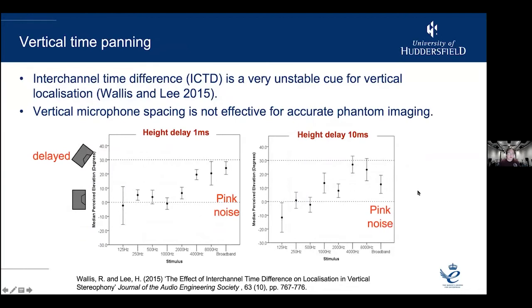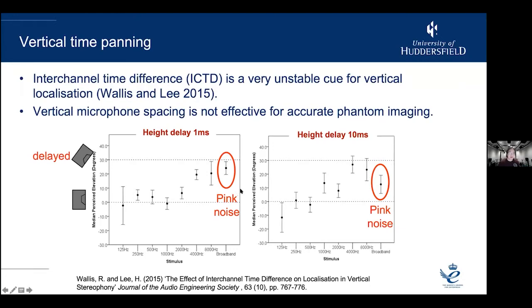And I've done lots of experiments on stereophonic localization and how this pitch height effect works in 3D loudspeaker playback conditions. And I found that interchannel time difference, time delay applied to the height speaker, doesn't actually give you any convincing localization cue. So for example, in this example, we have broadband pink noise delayed by 1 millisecond in the height channel compared with the main channel.